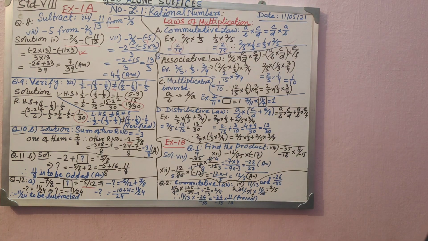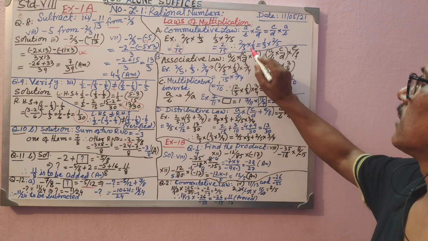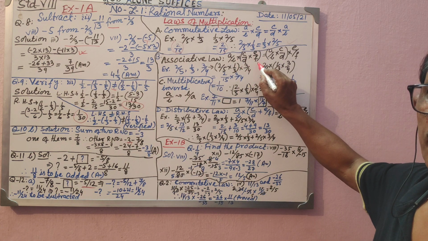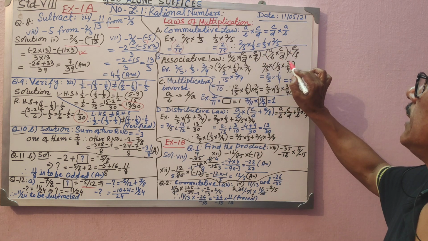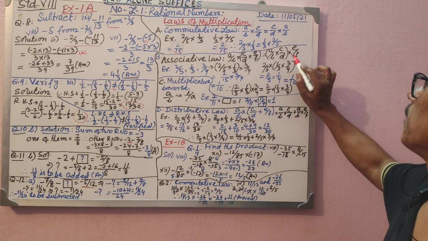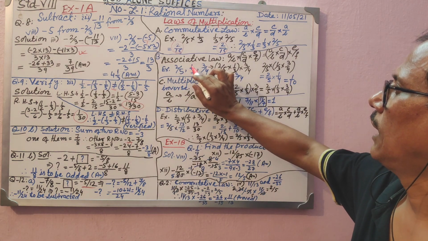Let us see whether it satisfies or not. So the law is a by b into, within bracket, c by d into e by f, should be equal to, within bracket, a by b into c by d, multiplied by e by f.